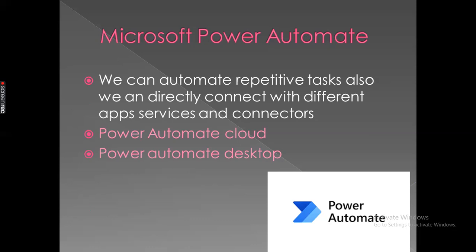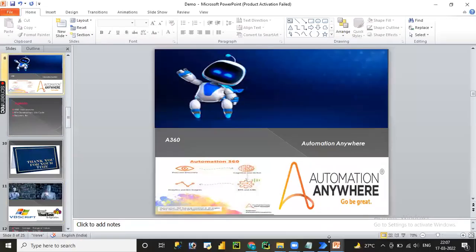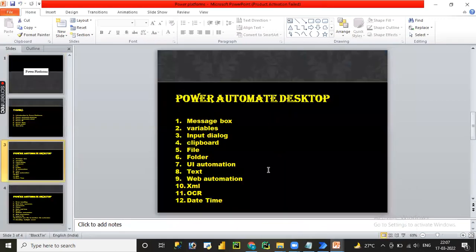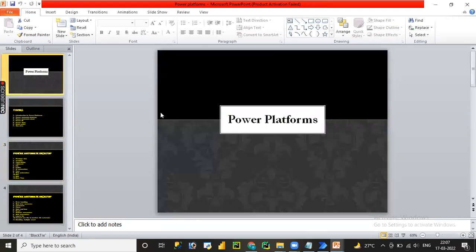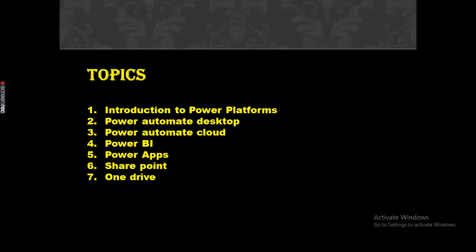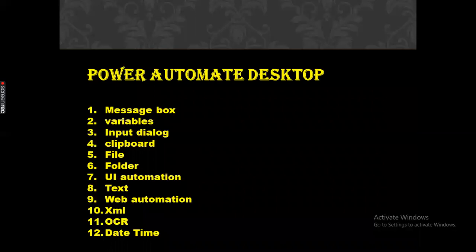So let's get started. Today we are going to cover the Microsoft Power Platform overview, and we are going to learn each and every topic. For each topic and series, I am going to create an agenda, topics list, and indexing, something like this. This one is for Microsoft Power Automate Desktop.